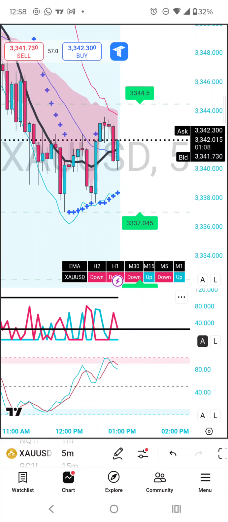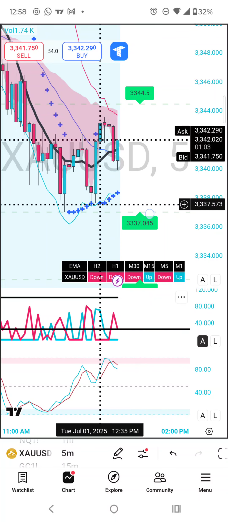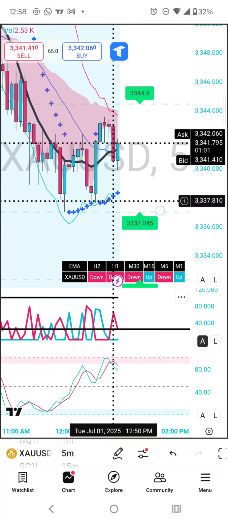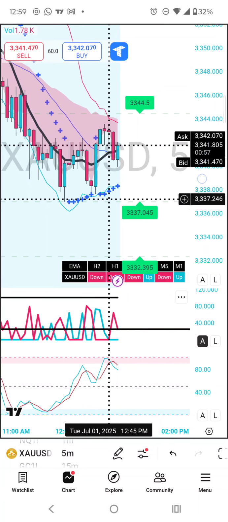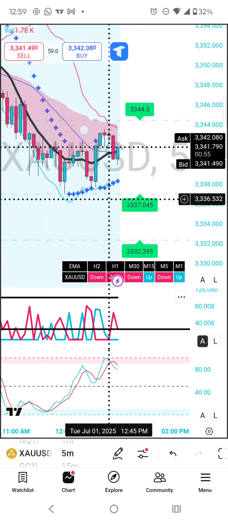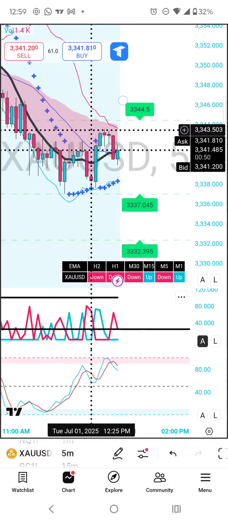What else do we see? We see the parabolic kind of flat. It's deciding. Right now we're in sell mode with this.